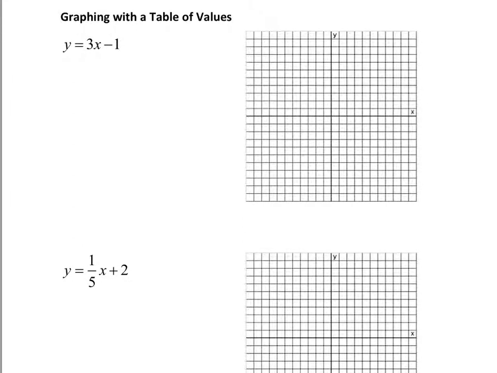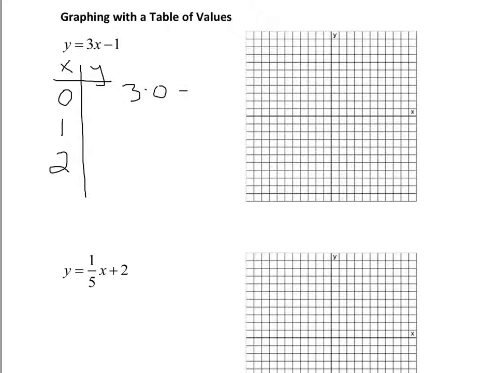So I'm going to make a table, and I'm going to fill it with values. So here's a table, x and y. So I'm going to pick some values for x. If there's nothing funny about my equation, no fractions or anything, I typically pick 0, 1, and 2. Those are easy numbers to do the arithmetic with. So if x equals 0, in place of x, I'm going to put 0.